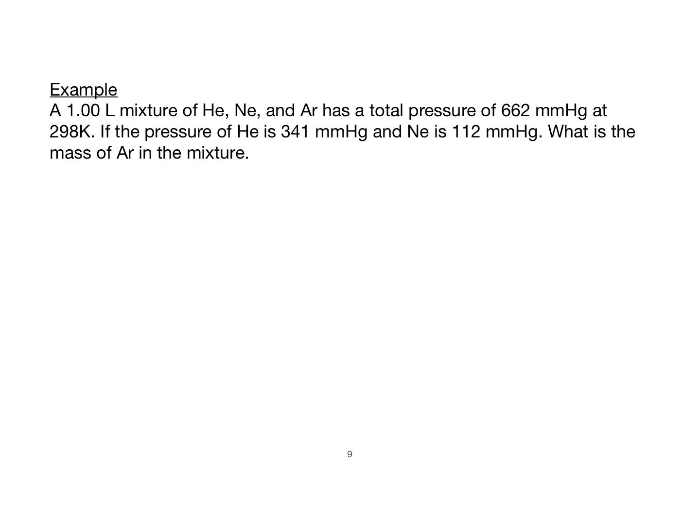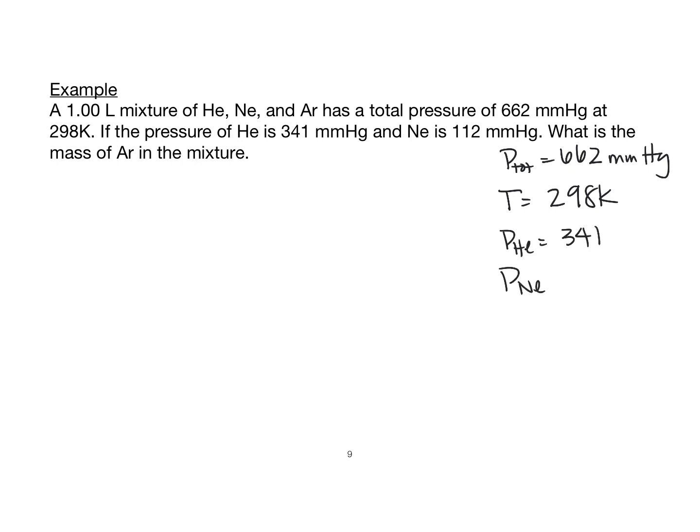So in the first example, we have a 1 liter mixture of helium, neon, and argon, and has a total pressure of 662. So P total is 662 millimeters of mercury. And we have a temperature of 298 Kelvin. So if the pressure of helium is 341, so PHe is going to be 341, and the pressure of neon is equal to 112, what is the mass of argon in the mixture?